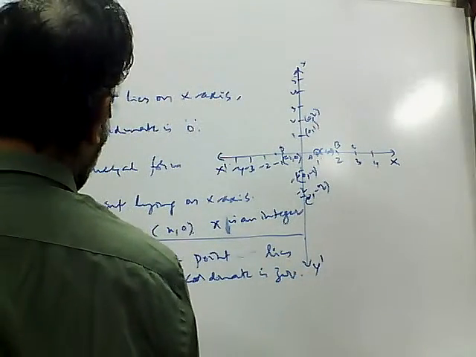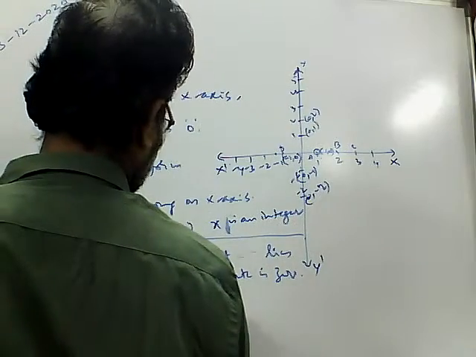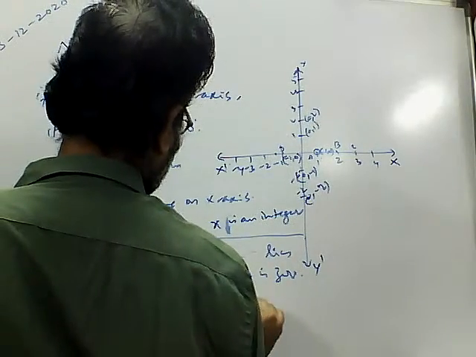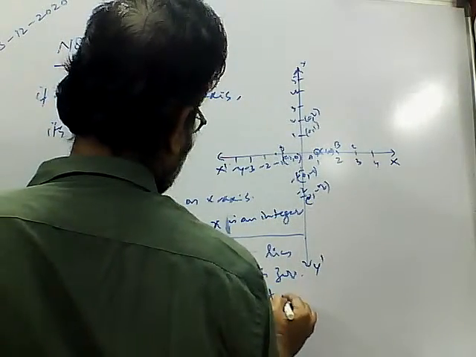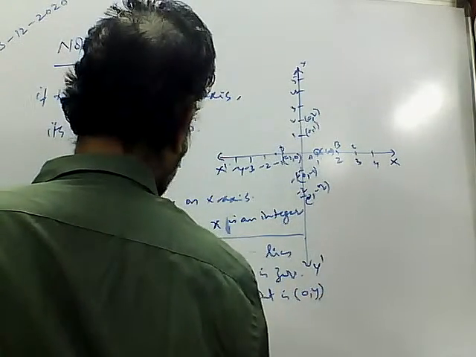The general form of a point is 0 comma y. Y is an integer.